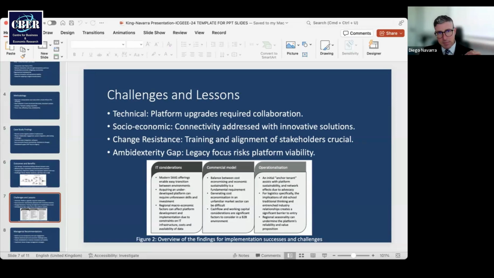Besides all of this, eventually the platform was implemented. There were some improvements in logistics efficiency, but there was an inability to apply organizational ambidexterity in the end, and the focus on legacy issues without adequate ongoing support to develop and sustain the platform eventually led to the platform producing only some benefits.